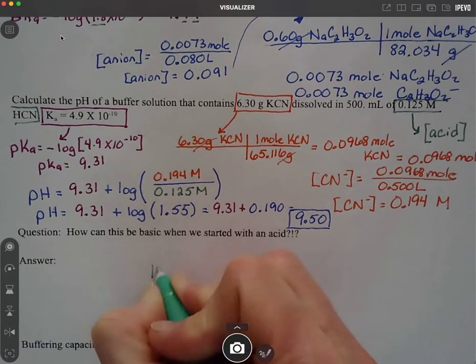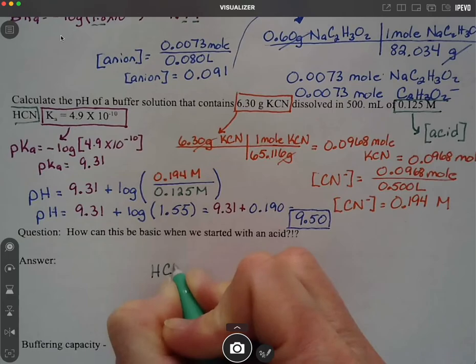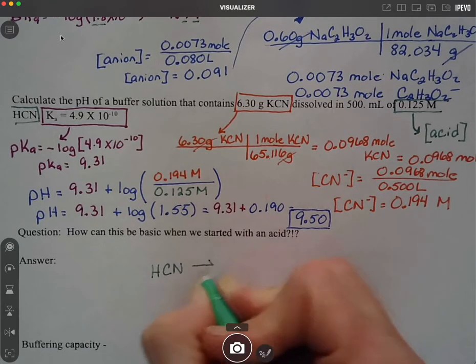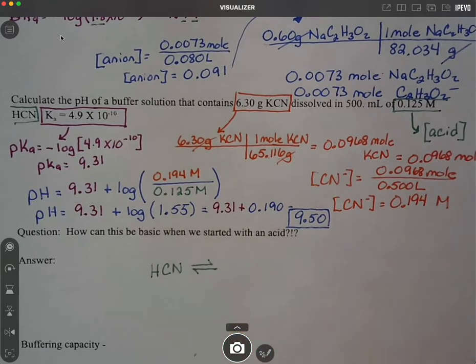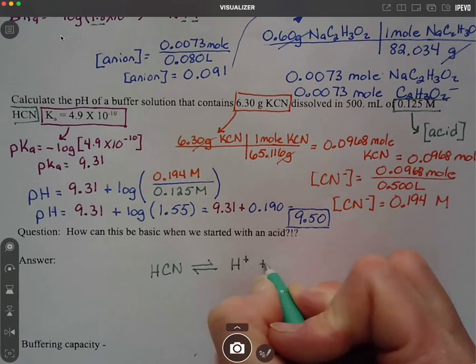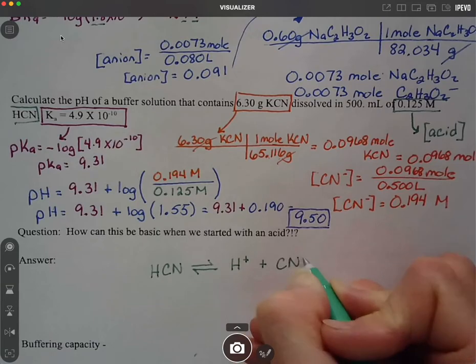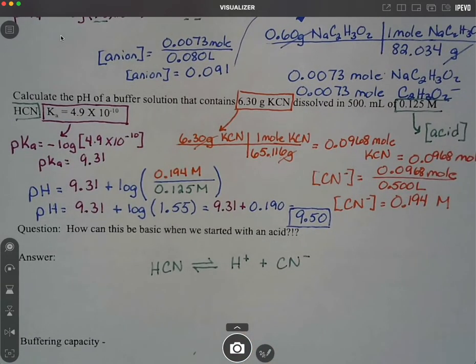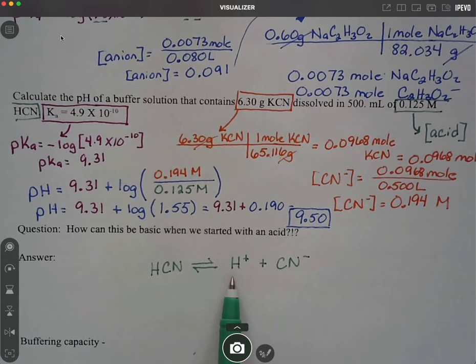I started with the weak acid HCN, which if used by itself creates an equilibrium with H positive and CN minus, and because it's got these hydrogen ions in it, it's an acid.